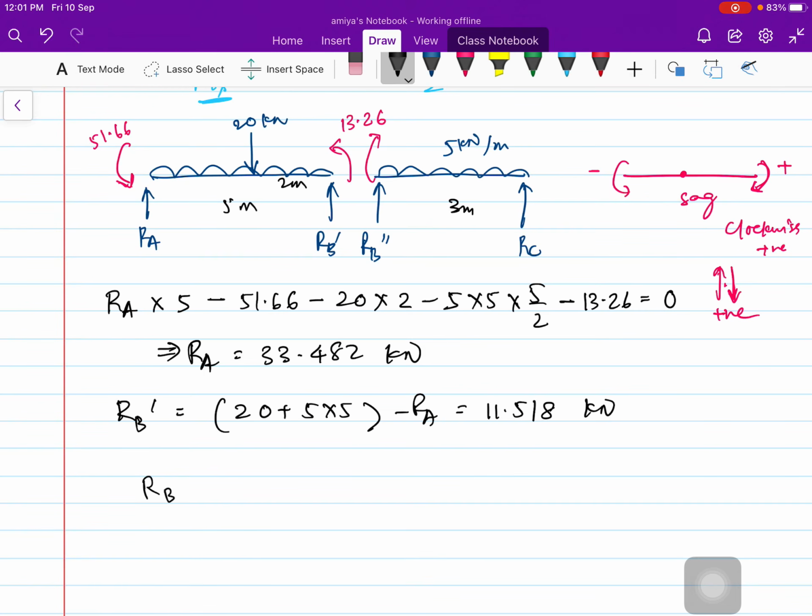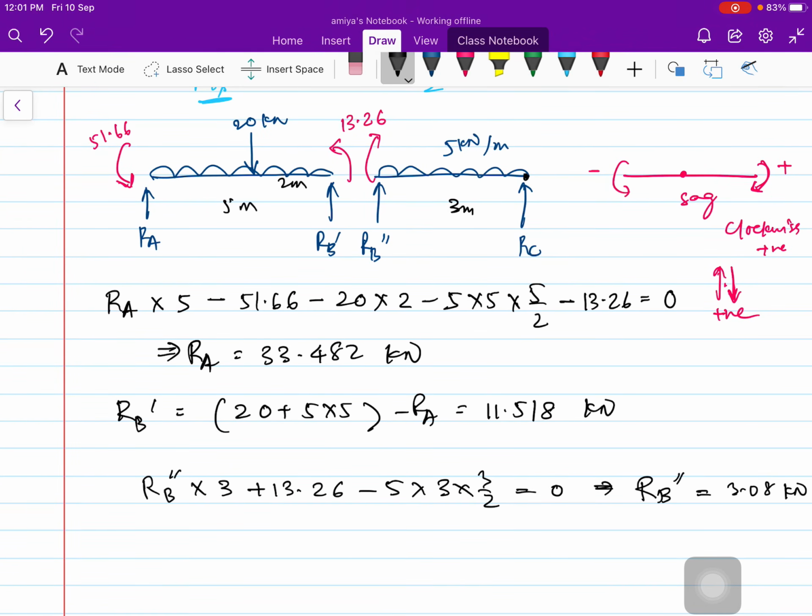Now coming to the span BC, RB double dash multiplied by 3 plus 13.26 minus 5 into 3 into 3 by 2 is equal to 0, because the moment here is 0. This gives me RB double dash is equal to 3.08 kilonewton.